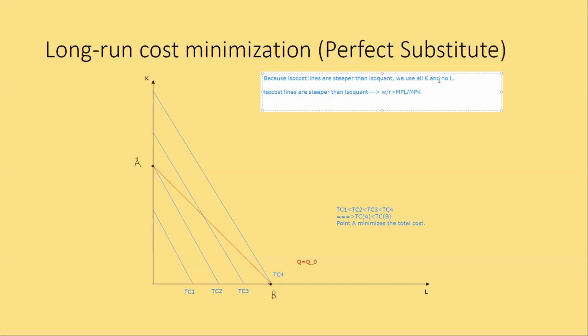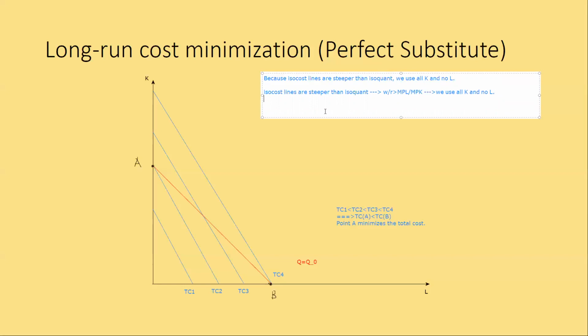This implies this equation. And we know that we are going to use all capital and no labor in this case.